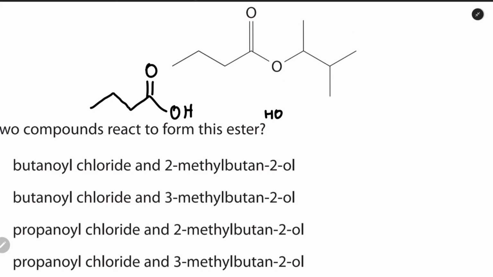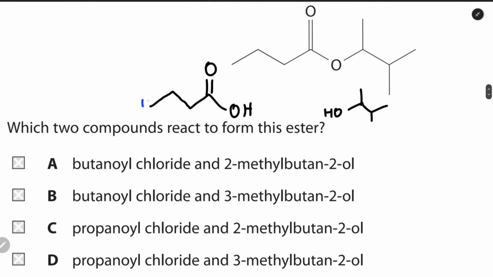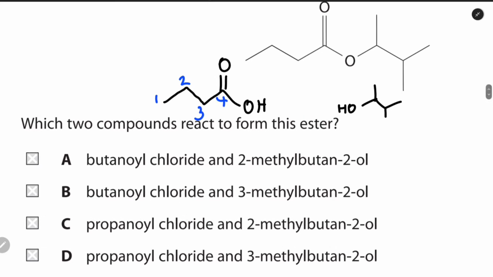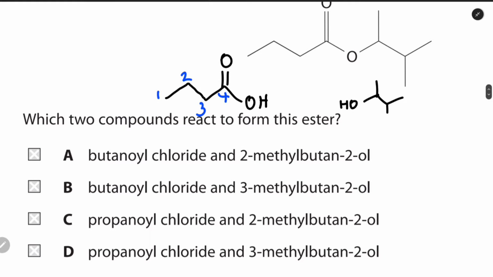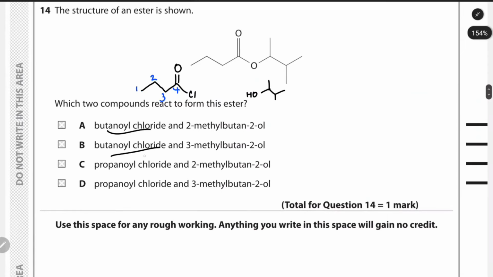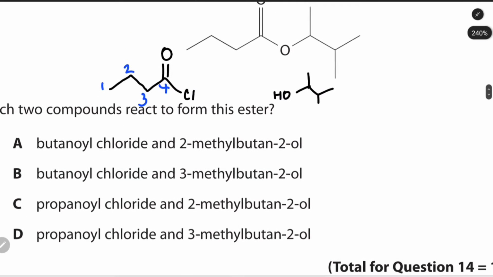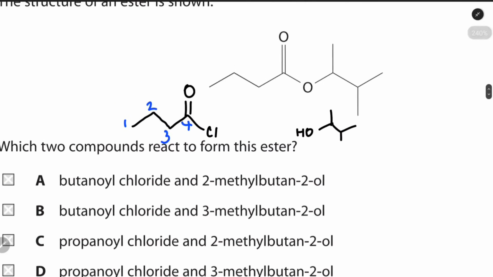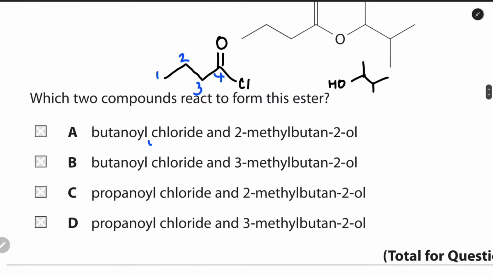So we have an OH here, and the rest of the compound will be the same. This has 1, 2, 3, 4 carbons over here. So this is okay. Instead of carboxylic acid, we could have also used acyl chloride. In this case, we have used acyl chloride. So we have a 4-carbon acyl chloride, so butanoyl chloride.